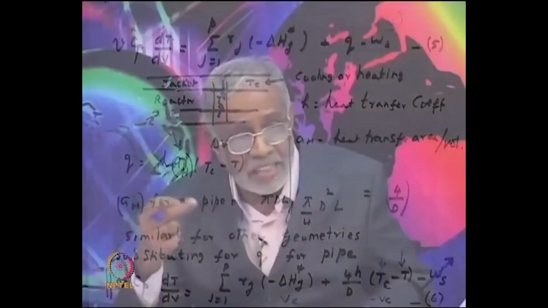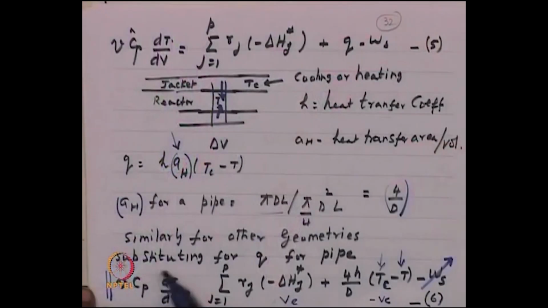Now, the interesting thing that is of relevance to us is, generally we like to see that the temperature at which the maxima occurs is within the allowable limits of the material of construction, and more importantly the allowable limits of the catalyst that you may be using. In most cases, it is that catalyst which is crucial to ensuring that this temperature never goes beyond what is permissible.